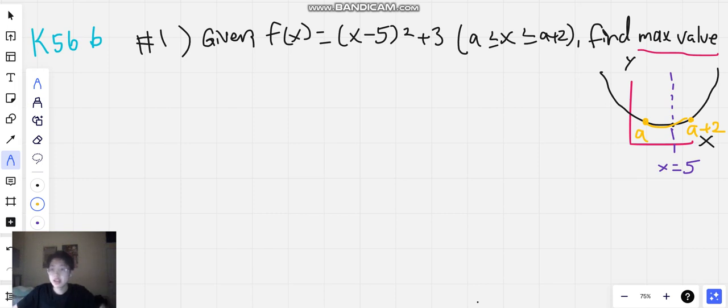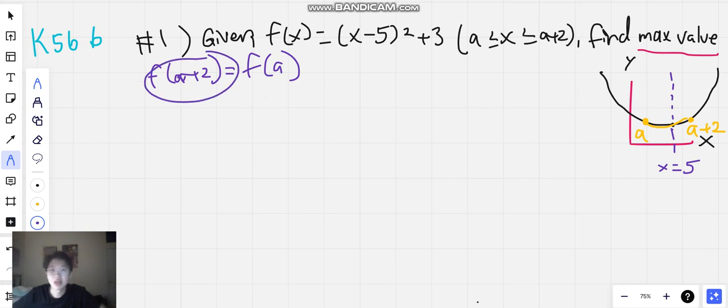To generalize what I just said into an equation, f of a plus 2 is equal to f of a. What value makes the right-hand side of the boundary equal to the left-hand side? I'm going to plug in a plus 2 here and do some algebra.